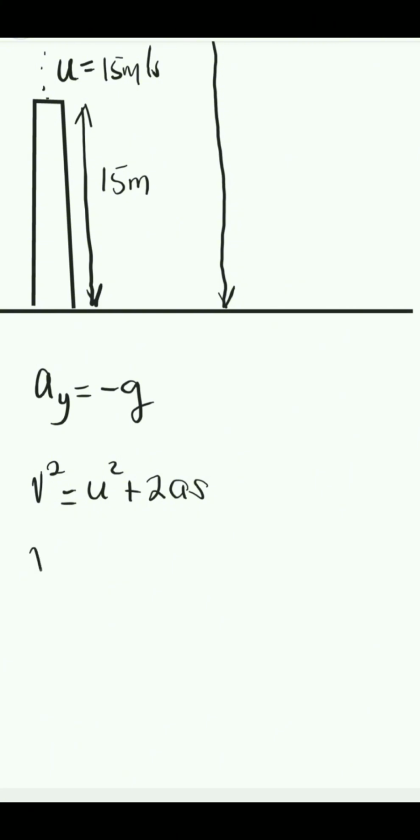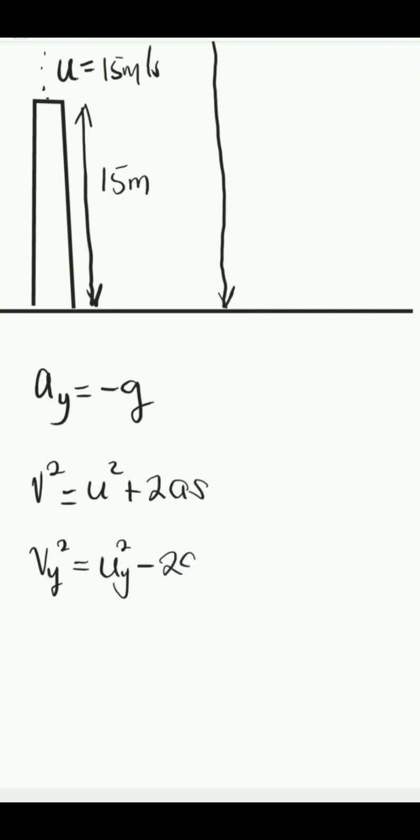Okay, now since we're in the y, we say vy squared equals the initial, which will also be the initial for the y-axis, like that, then acceleration is negative of g, so say 2 times g then h.